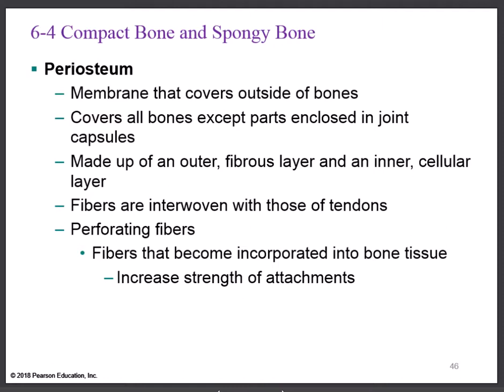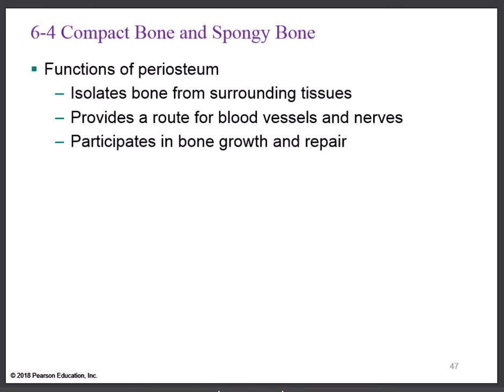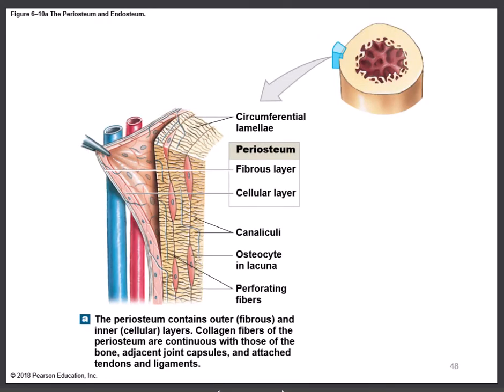And if we were to dissect it, we would see that there is an outer fibrous layer and an inner cellular layer. So what they did here is they take the periosteum, all of this is the periosteum, and they peel it away from the bone. You can see here's the circumferential lamellae. If you remember, the circumferential lamellae are on the outside of the bone here. So they peeled it away.